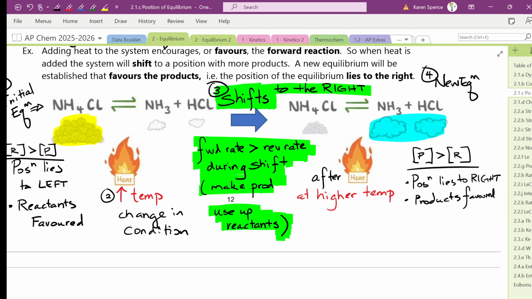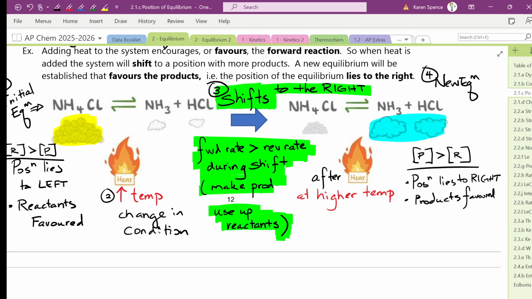And I'm going to get a little ahead of myself now. If we increase temperature, what happens to rate? Increases. So when I increase the temperature, what happens to the forward rate? It increases. If I increase temperature, what happens to the reverse rate?